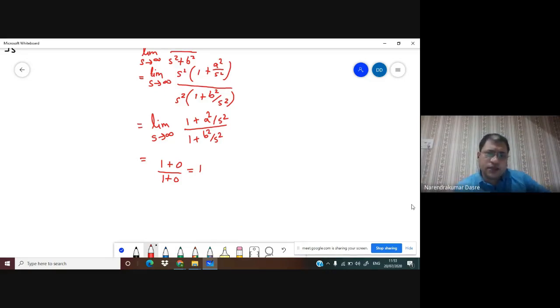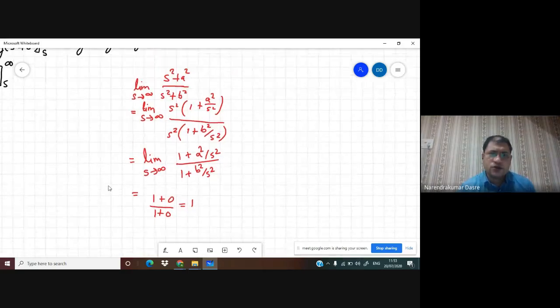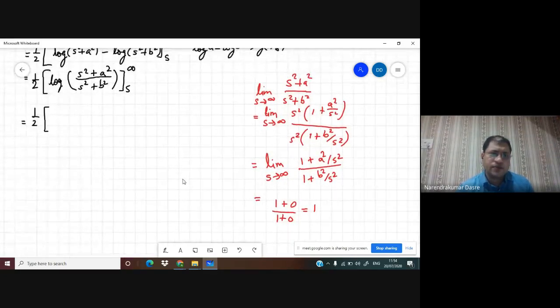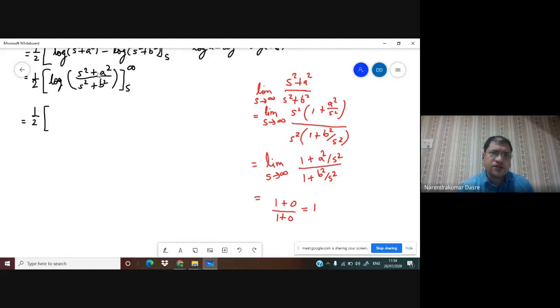So see here, when you put s is equal to infinity, what we got here is the limit s tends to infinity of s square plus a square upon s square plus b square, and that is equal to 1. Now if I use this term, then I'll replace s by infinity.